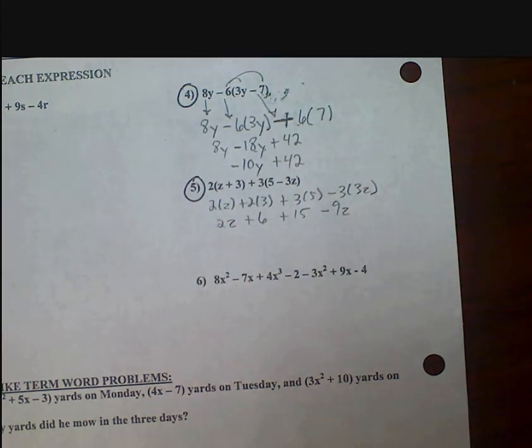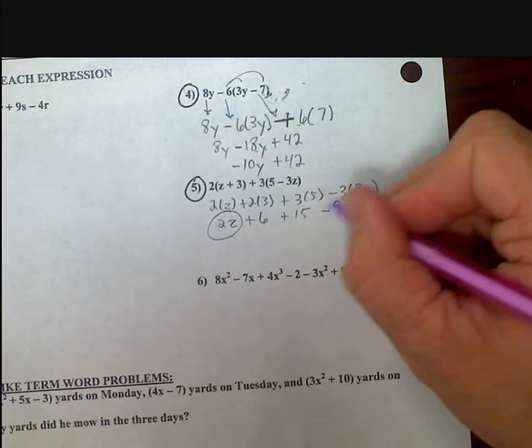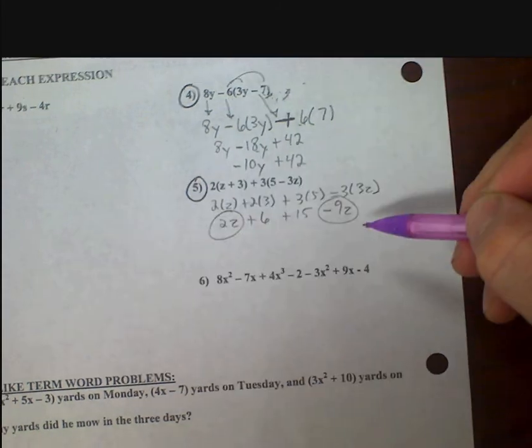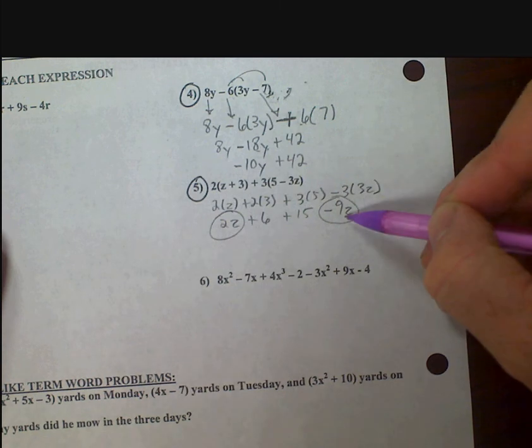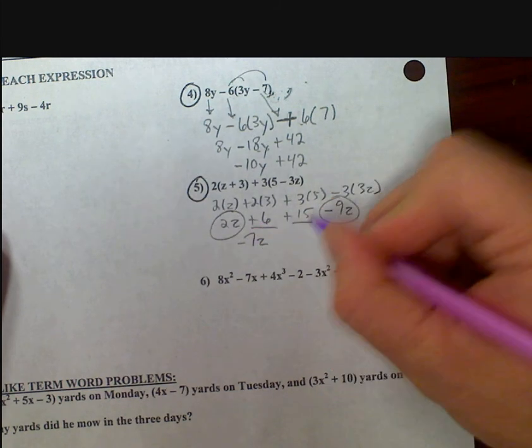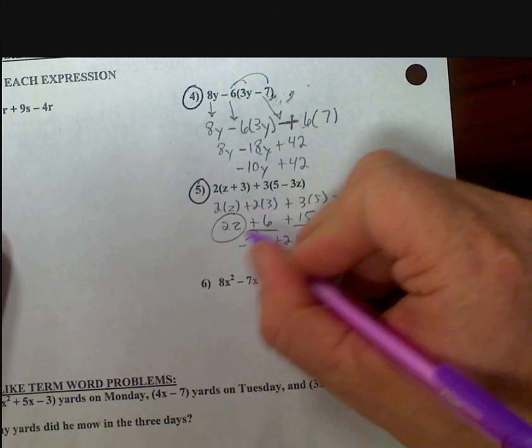Now I need to combine like terms. 2z minus 9z. 2 minus 9 means I need to subtract, and I will be in debt because I'm taking more amount than what I had. Negative 7z, 6 plus 15 is 21.